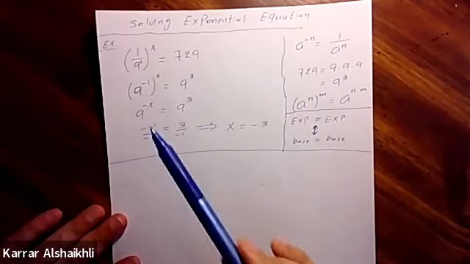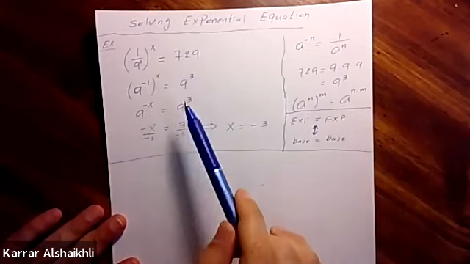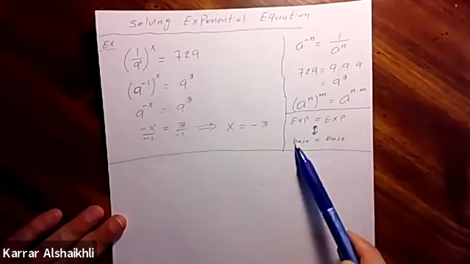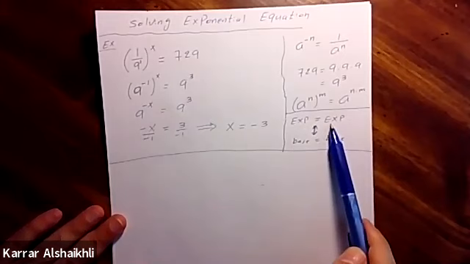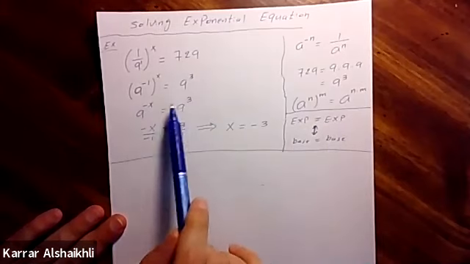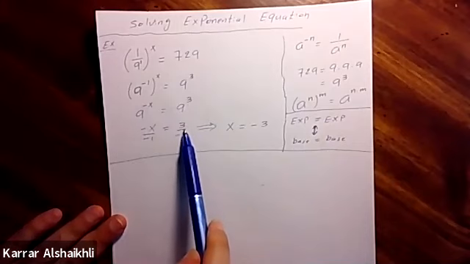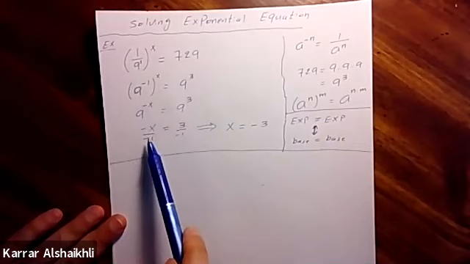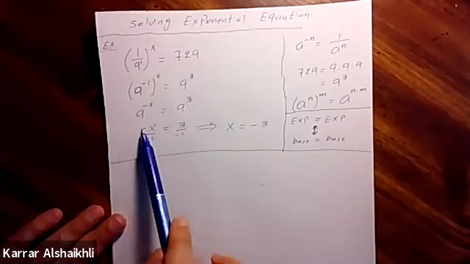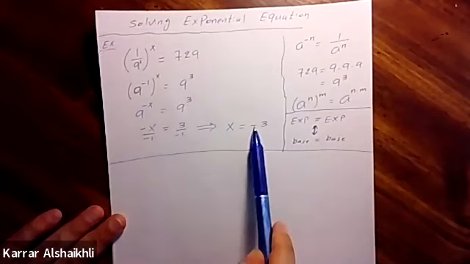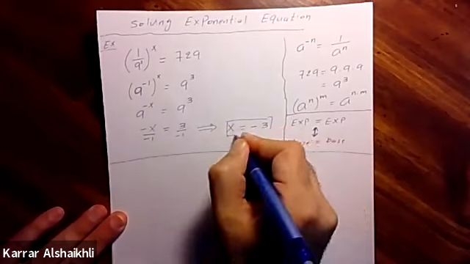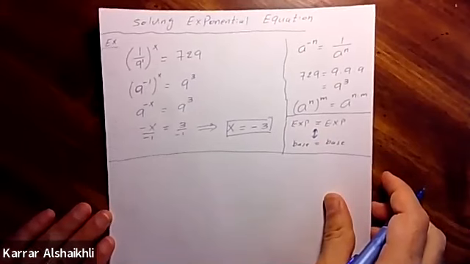So it's going to be 9 to the negative x, and from the right side, 9 cubed. If you have equal bases, that means you have equal exponents. So here are equal bases. I'm just going to take the exponents: negative x equals 3. Then the next step, we divide both sides by -1 because we need to find the value of x, not negative x. So it's going to be -3. So this is the solution: x equals -3.